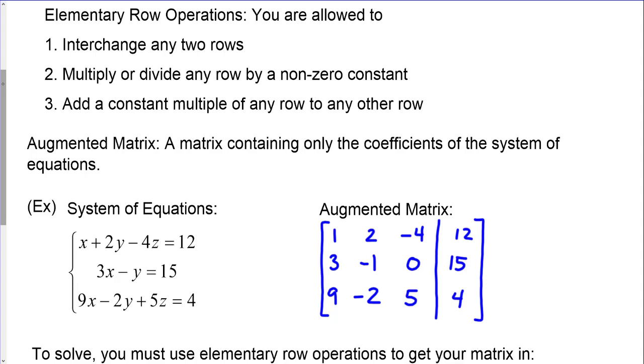No mistakes generally occur there. But when you have to add a constant multiple of one row to any other row, there's a lot of addition and multiplication that has to be done. It's very easy to miss a sign and mess up your matrix. It's a very error-prone system. However, it's great for computers, and we're going to allow our calculator to do it for that reason.